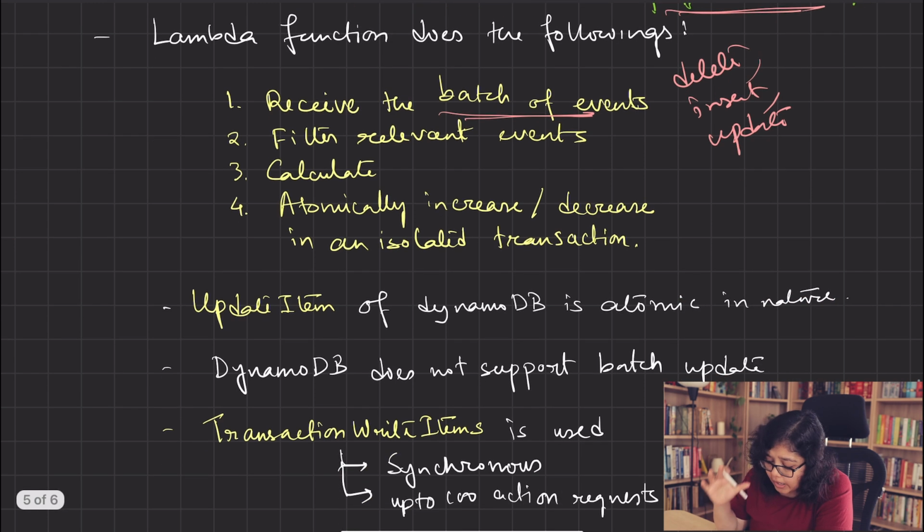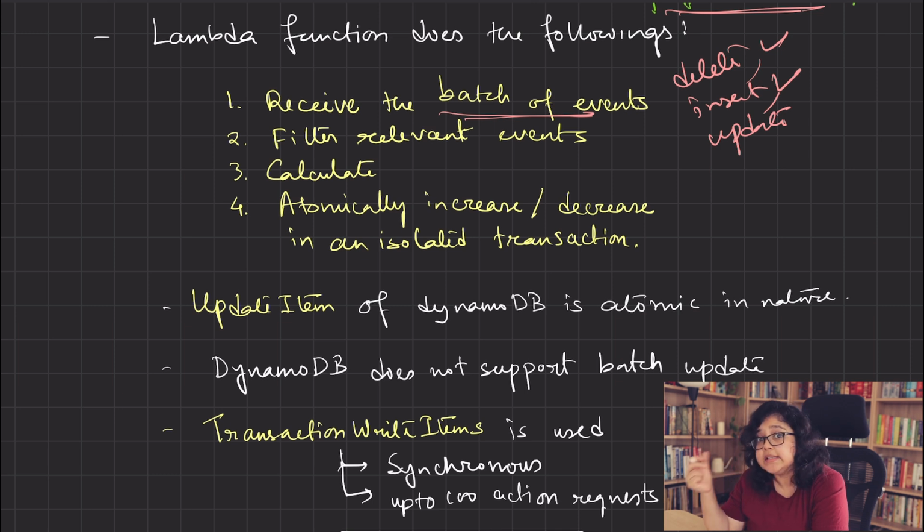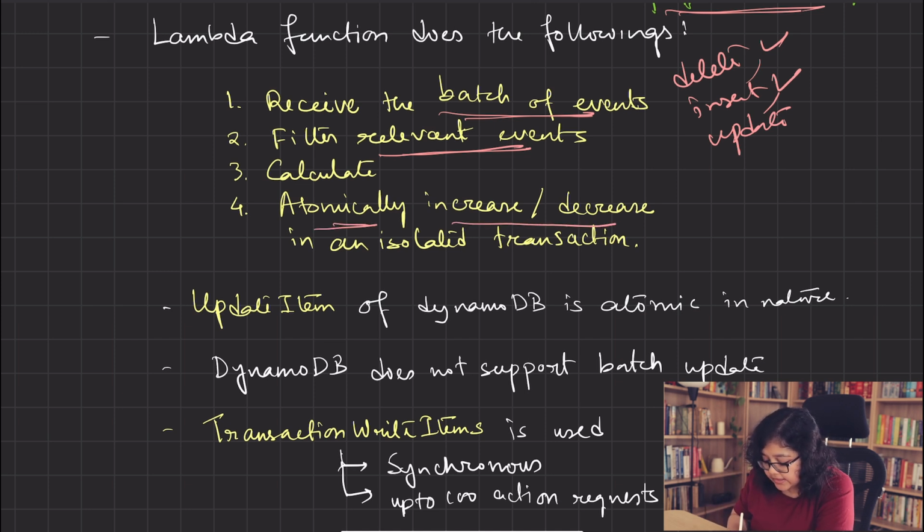But for our requirement only delete and insert are important, because we have to calculate the count, and the favorite count is increasing or decreasing when you are inserting or deleting a record in the favorite table. That's why the Lambda will filter the relevant events and then calculate the count, and once it has the count it will atomically increase or decrease the record in the aggregated table in a transaction.